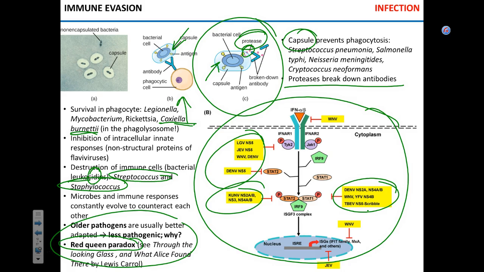So if you compare the virulence of a certain species of microbes, whether it's a bacteria or virus, and the length of coevolution, you will find that older pathogens are usually less pathogenic. I'm going to use viruses as an example.